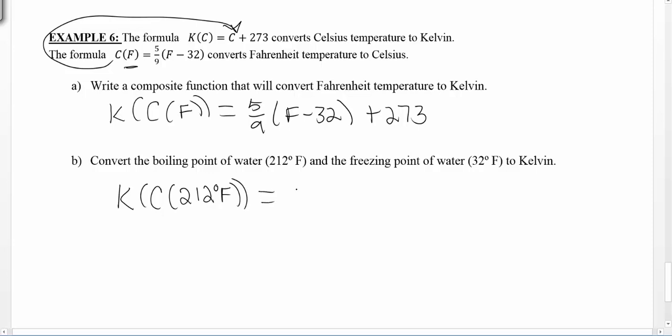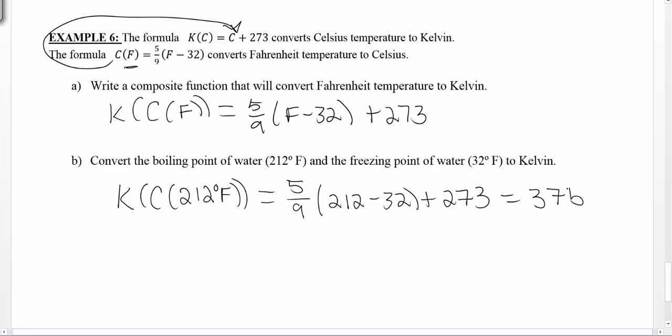So if I plug in a 212, I have 5/9 times 212 minus 32 plus 273. I'm going to carefully crunch that number in my calculator, and the result is 375 degrees Kelvin. I've successfully converted it by plugging in the Fahrenheit value to convert it all the way to Kelvin.